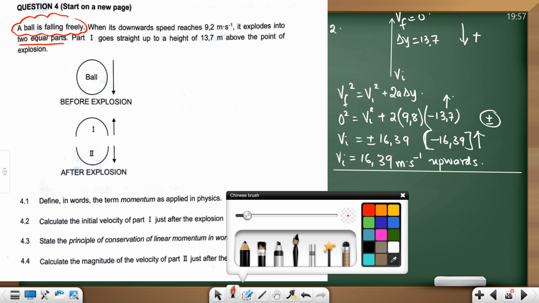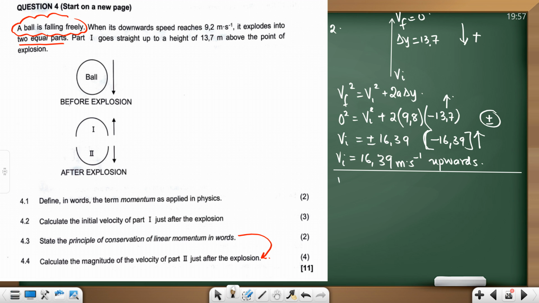Oh, wait. These things were together before. So, M1 plus M2, initial velocity. Now, they are separate. M1 Vf1 plus M2 Vf2. Remember, I'm still choosing downward as positive. All right.